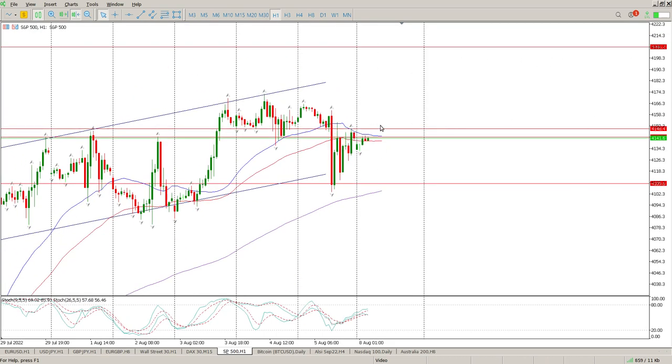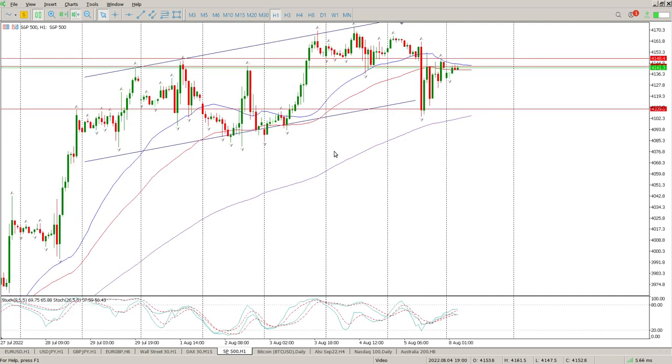For today, we're looking to stay above 4150. So I need to get above 4150, find support on 4150, then I'm looking for a continuation up to 4200. Alternatively, what we're looking at is a rejection here and a move back down to form a double bottom.